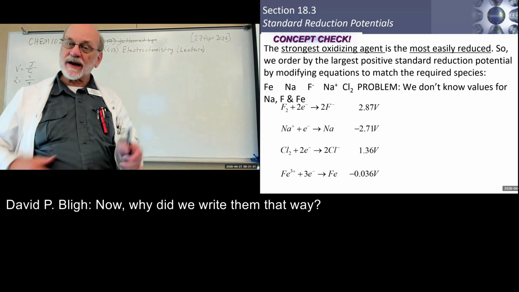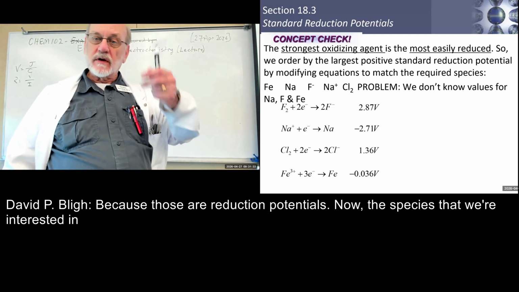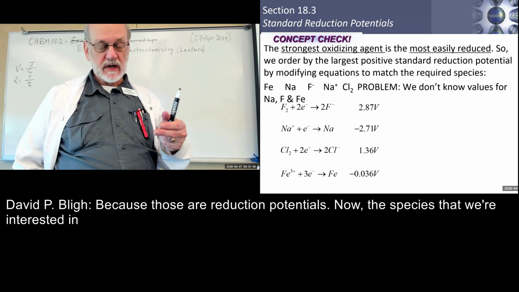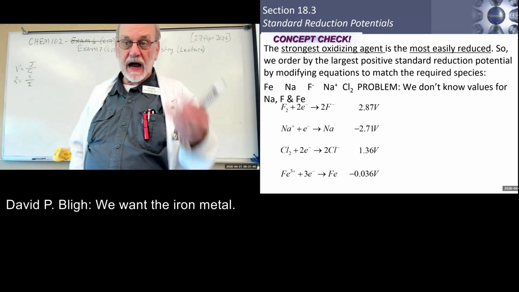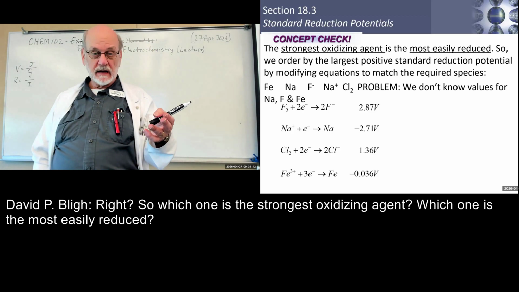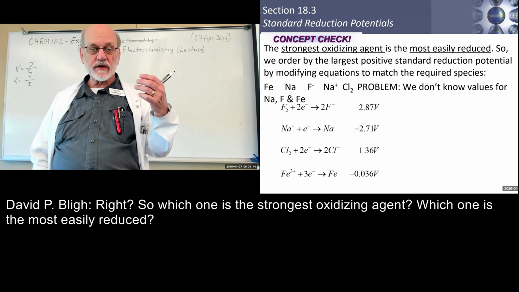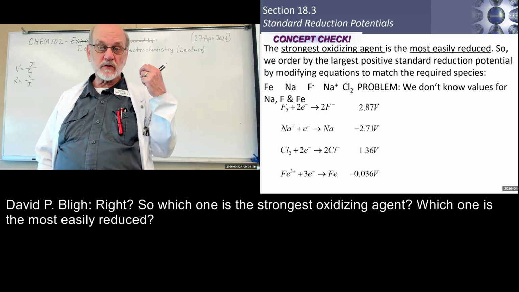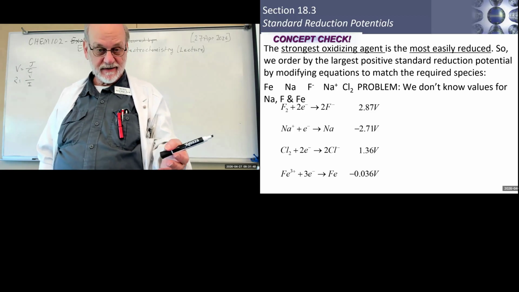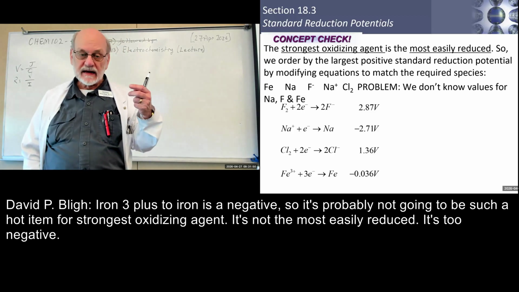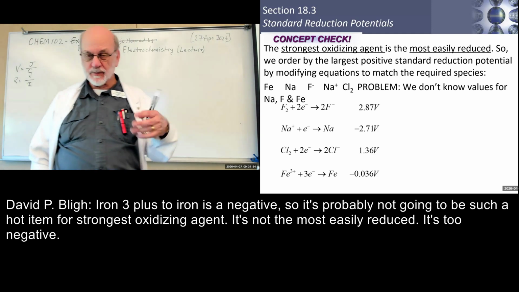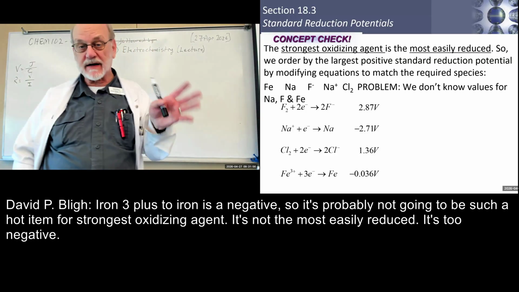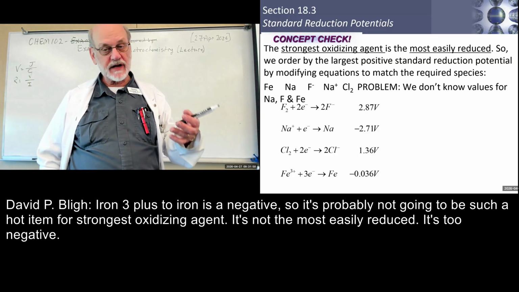Right. Now, why did we write them that way? Because those are reduction potentials. Now, the species that we're interested in, we want the iron metal, right? So which one is the strongest oxidizing agent? Which one is the most easily reduced? Okay. Iron 3+ to iron is a negative, so it's probably not going to be such a hot item for strongest oxidizing agent.